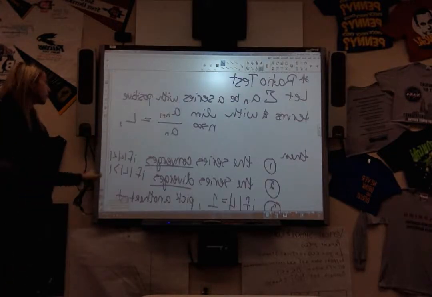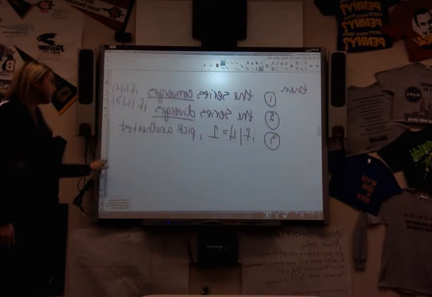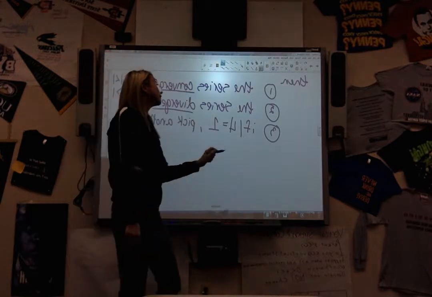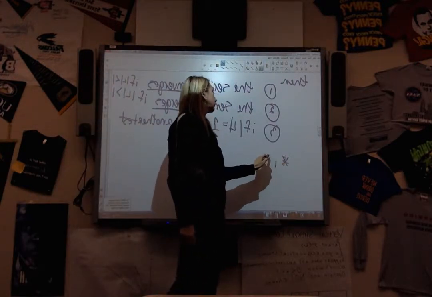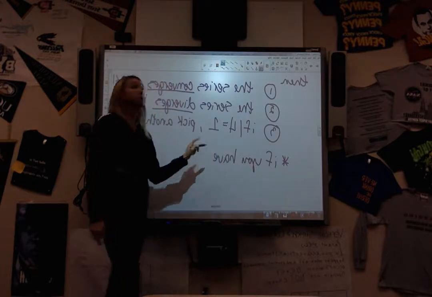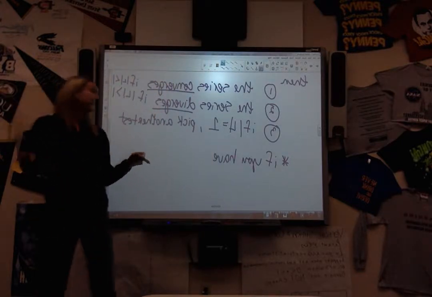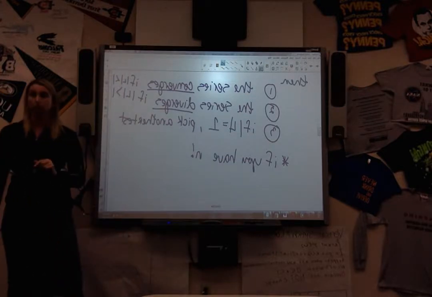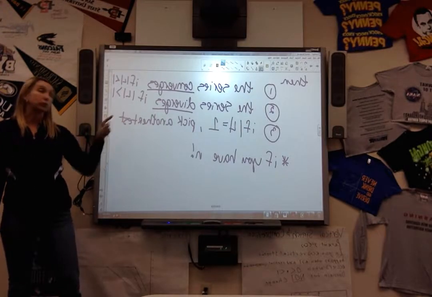The other one, quite often the hint to use it, not always, but this is where I would start. If you have n factorial, I would definitely start with the ratio test.